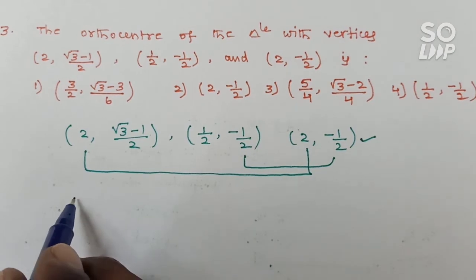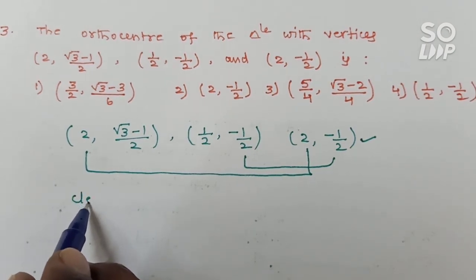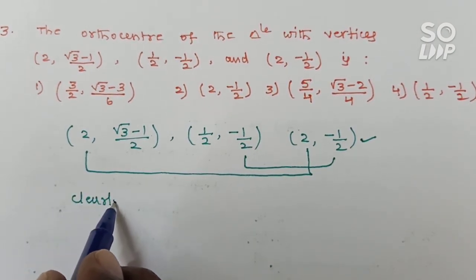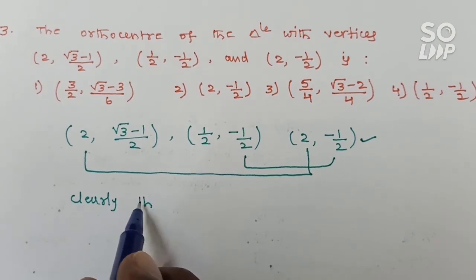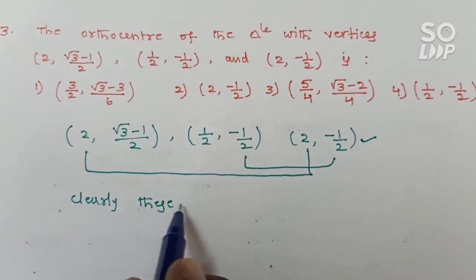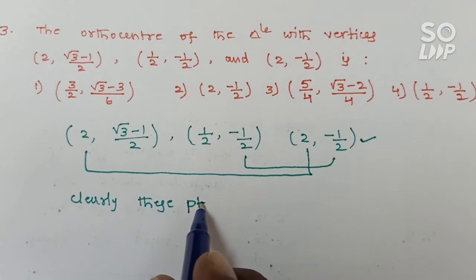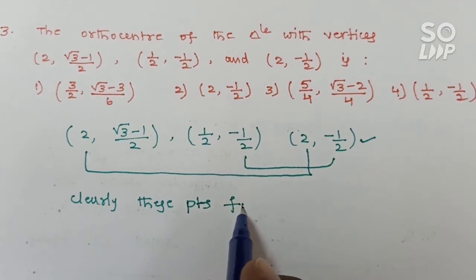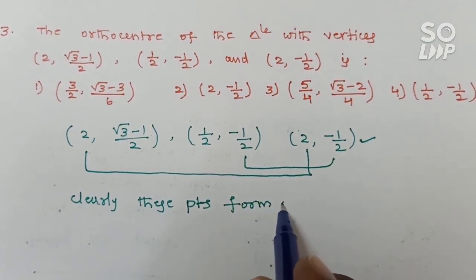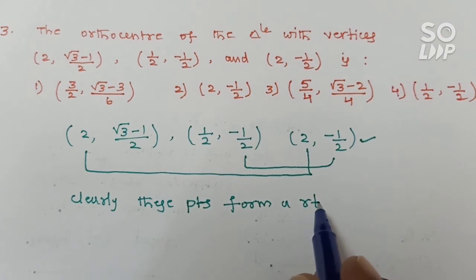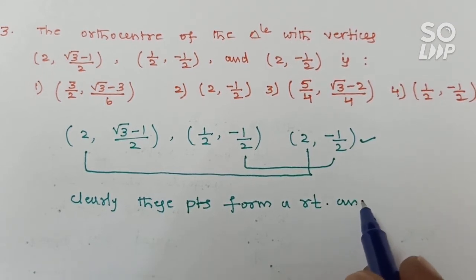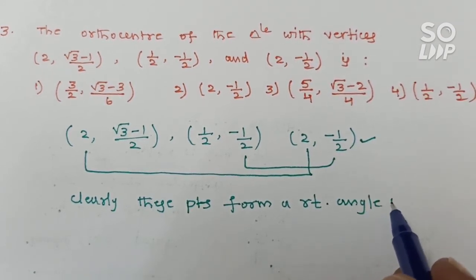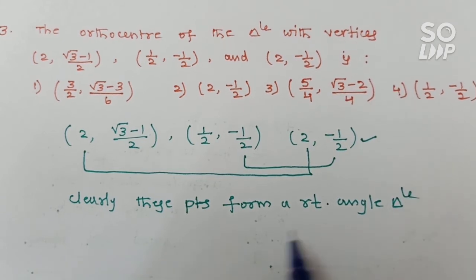So here clearly these points form a right angle triangle. Right? So what is the right angle vertex?